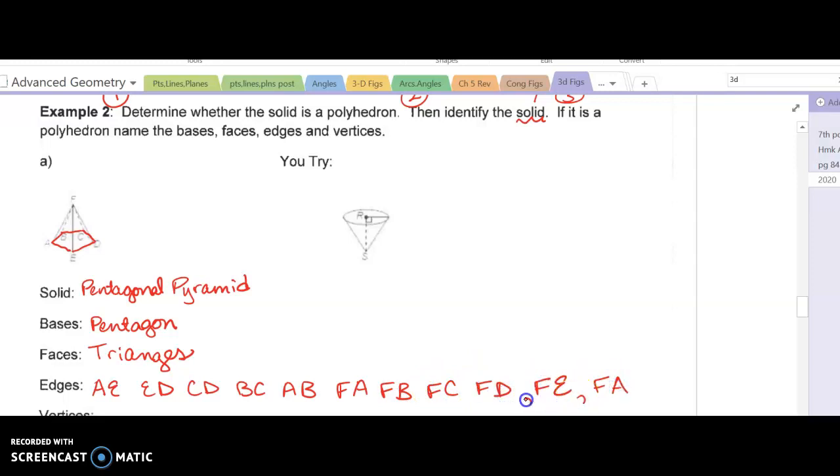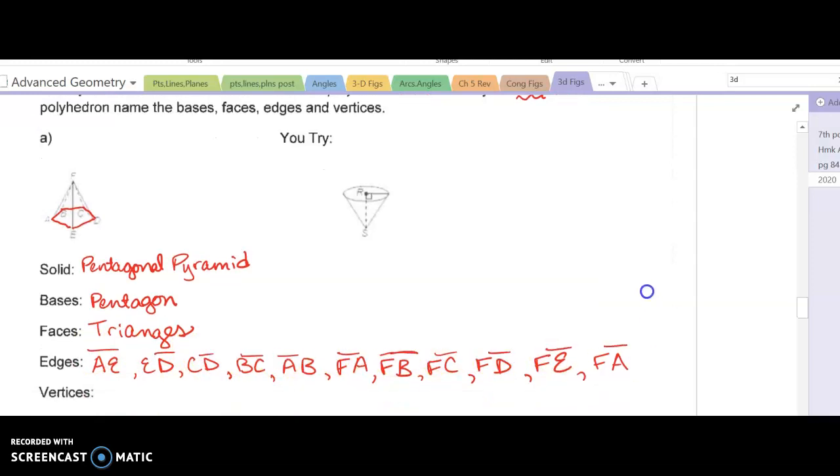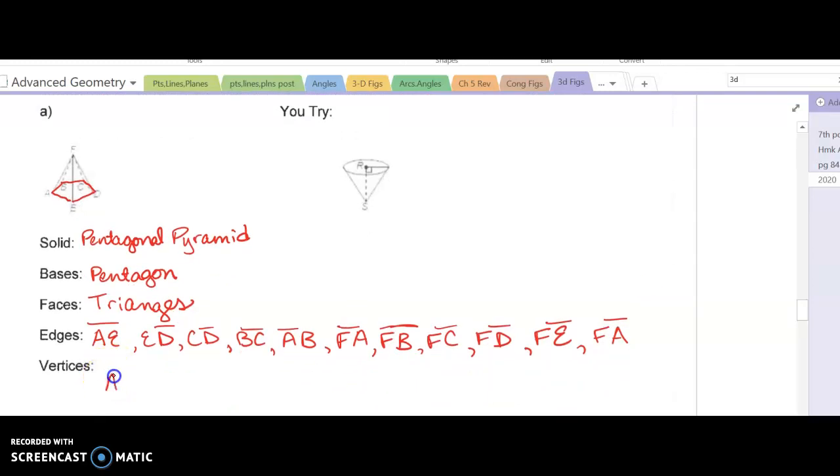Those are all edges. And then next are all the vertices, which is a little bit easier. The vertices would be what? A, B, C, D, E, and F.